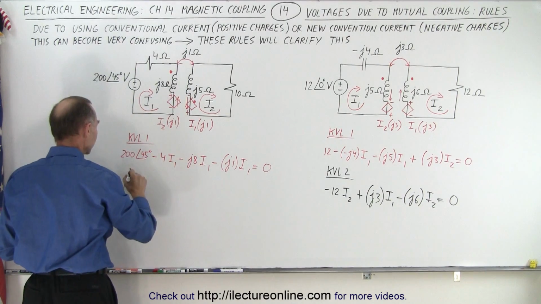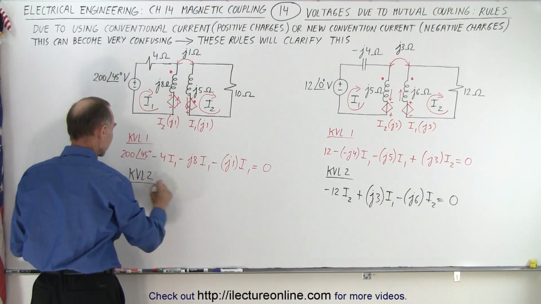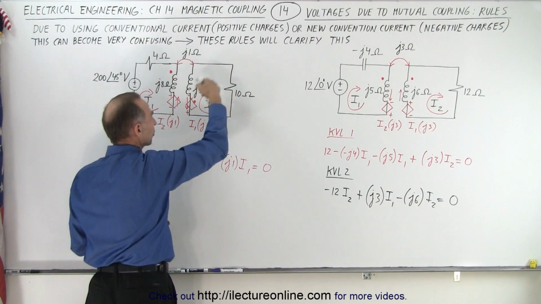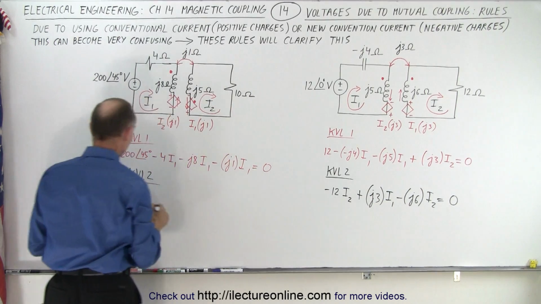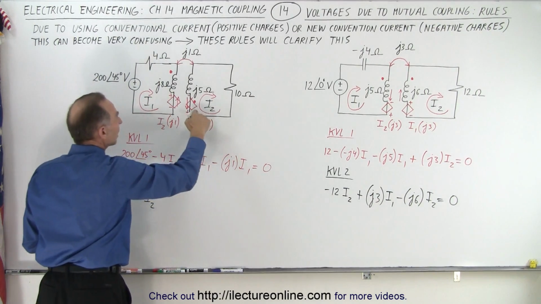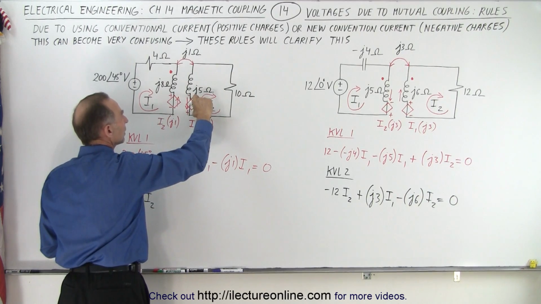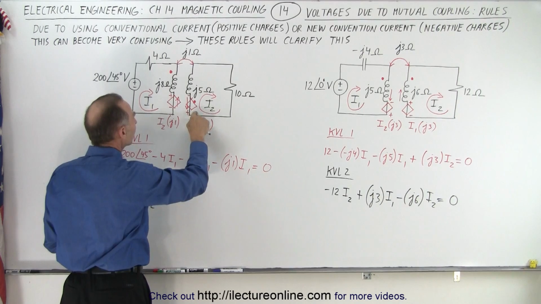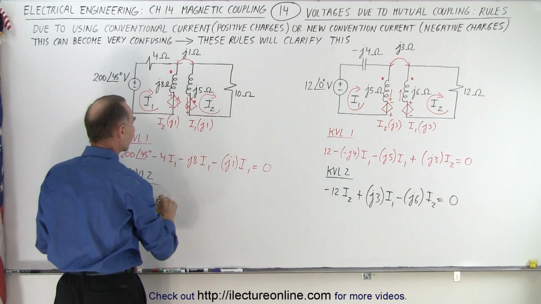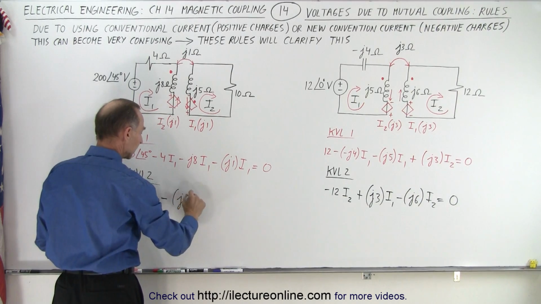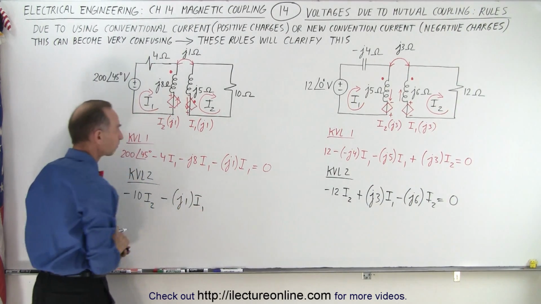All right, KVL 2. Let's start over here. We follow the direction of the current I2. We go across the resistor, that's a voltage drop, minus 10 times I2. Then here we go across the induced current source, so to speak. We go from positive to negative, that's a voltage drop, that's minus j1 times I1.